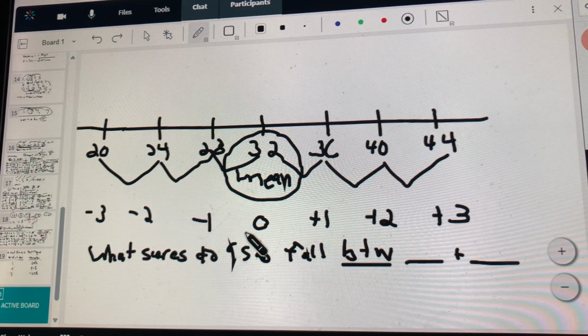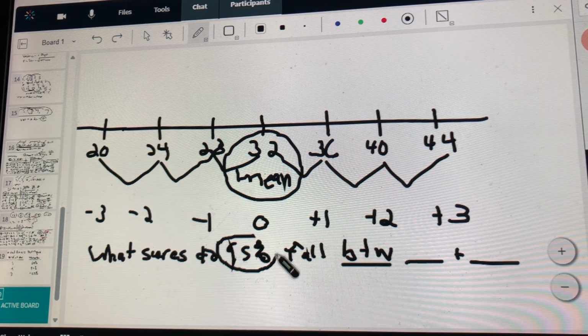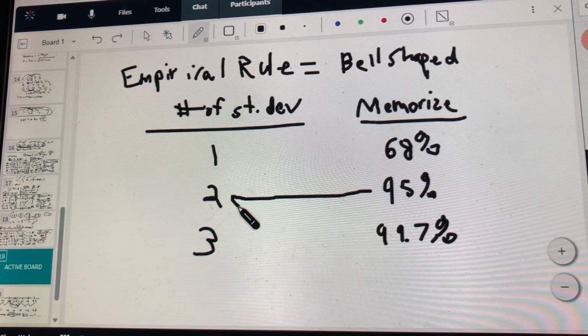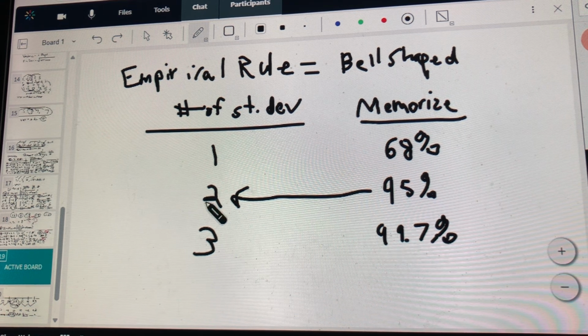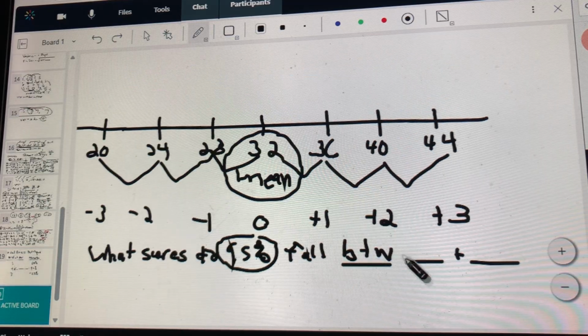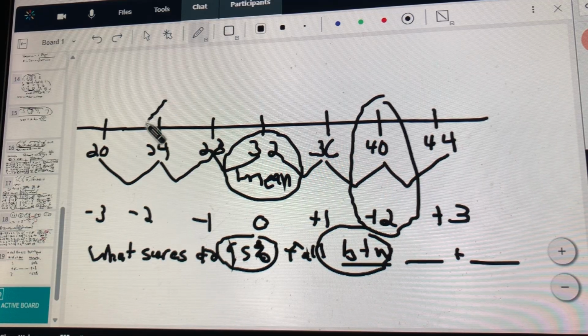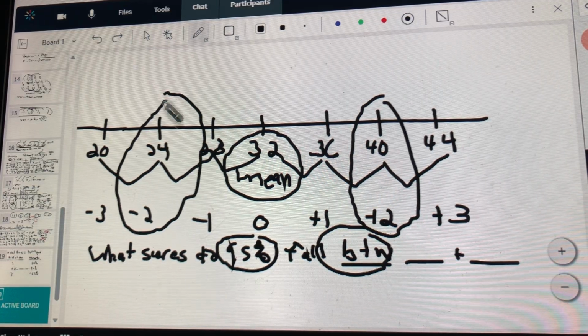And if they give you one of the three memorized numbers, 95 is the second one. So by knowing that 95 is associated with the second place out, and you're looking for between, then you go to the +2 number and the -2 number. So the answer is this 24 and this 40. Between 24 and 40, 95% of the measurements will land.